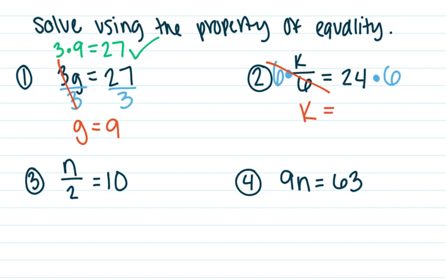How did it do that, you may ask? Well, when I multiply by 6, that's actually 6 over 1. And so when I go to multiply this, I get 6k over 6. Well, remember, 6 over 6 simplifies down to 1, okay? And so I am left with that 1k.